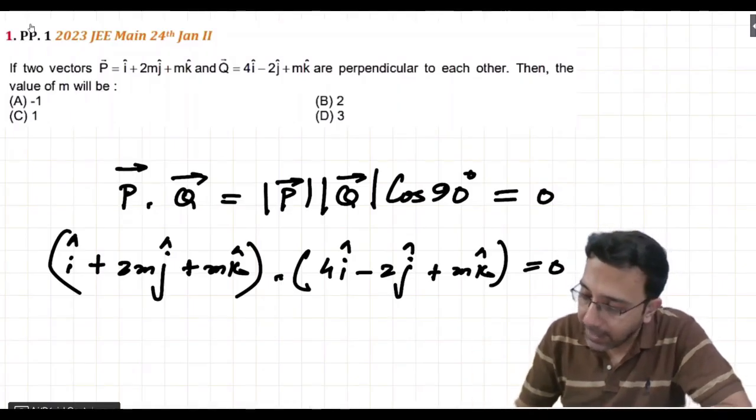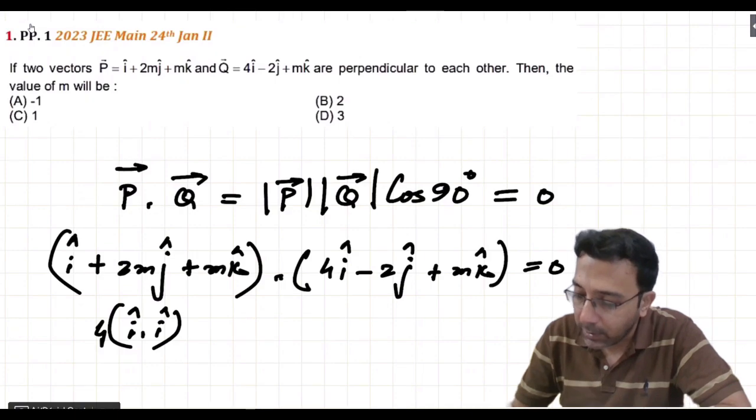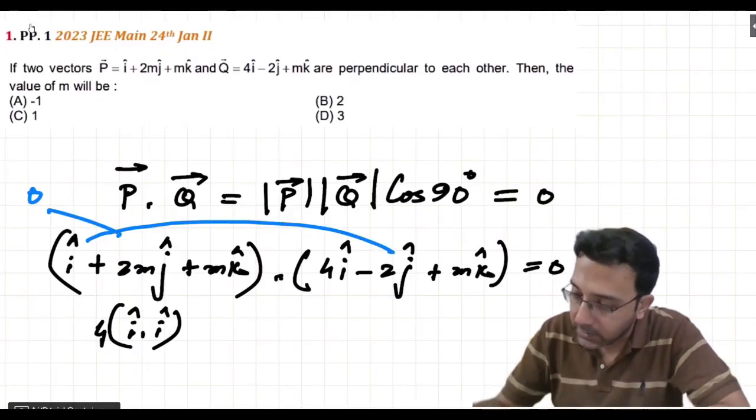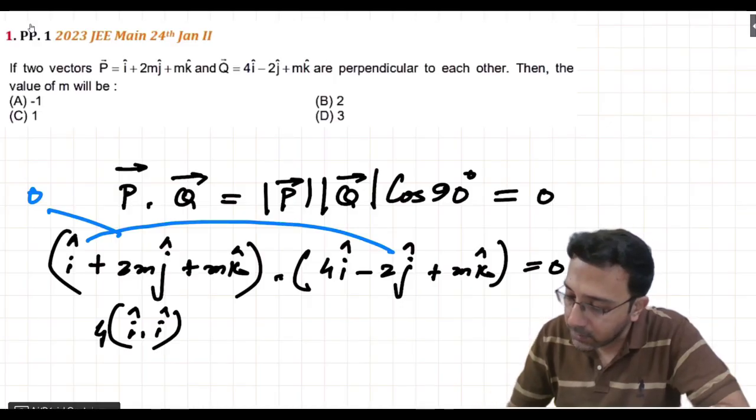So I can write 4 into i dot i. The other terms are 0, which is why I'm not calculating i dot j. Similarly for the other terms, so only i dot i comes out.